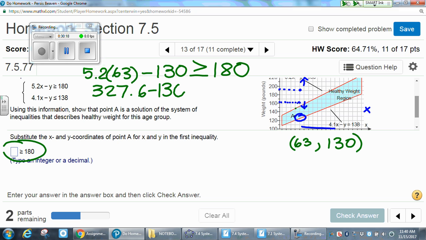And then minus 130 is 197.6. And is this a true statement? Yes, right? Because 197.6 is greater than 180. So that's the number you need there. It says type an integer, well, integer or a decimal, so 197.6 will work.